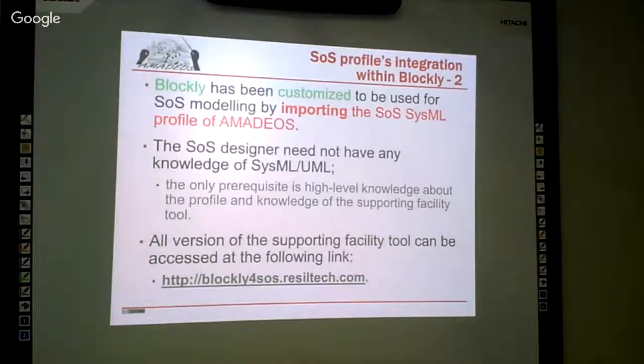So if you do this and you use Blockly, you don't need to have big knowledge of SysML, or any knowledge of SysML, depending on whether you are following a completely different path in your engineering process. But you need to have a high-level knowledge about the profile and of the supporting facilities. Okay. Again, you can find the documentation and the free usage of Blockly for systems of systems through this link.